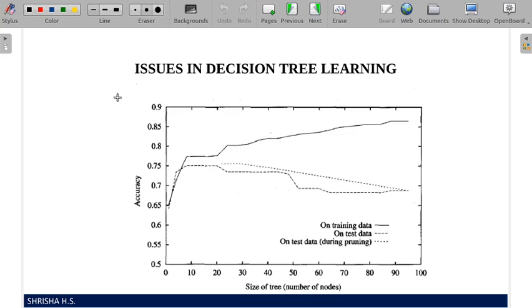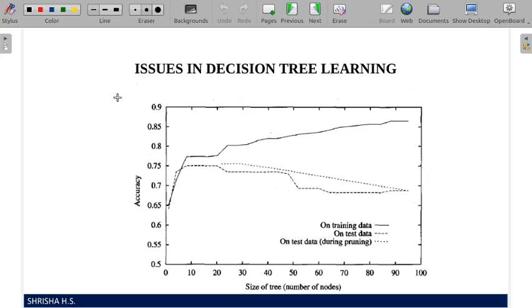Just an instance, same graph, accuracy versus size of the tree. We can observe that on training data, the more we train and the bigger the size of the tree, the accuracy is increasing. On test data, again it was around 70%, and during pruning, somewhere it started coming down.